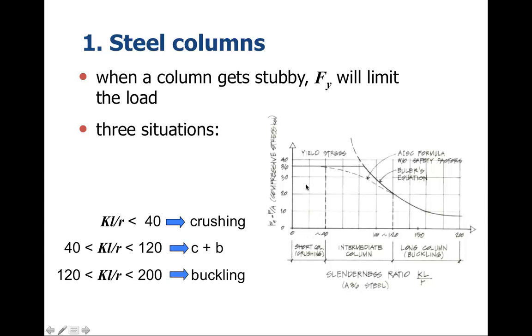The column is behaving as a short, stubby column, and we're looking at crushing. Between 40 and 120, which relates to this zone right here, we're in between. We have both crushing and buckling, and we have to be concerned about both of those. And between 120 and 200, we're in this range right here. In this case, we're really dealing with long columns and potential for buckling in those columns.